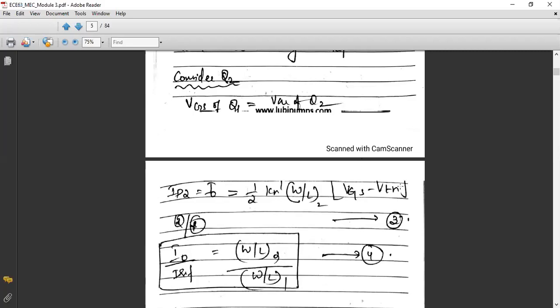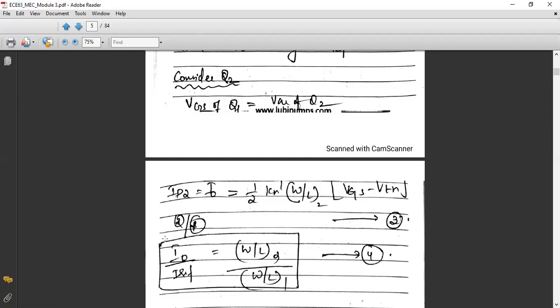Again, VGS minus VTN is also the same, so that will cancel. So the only difference is W by L 2 in equation number 3 and W by L 1 in equation number 1. So I naught divided by IREF is equal to W by L2 divided by W by L1.